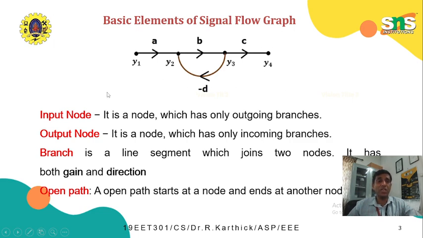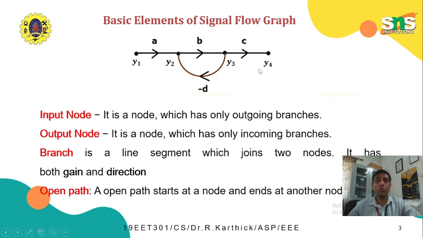The first terminology is the input node. It is the node which has only outgoing branches. So y1, the input we already discussed, has only outgoing branches. It doesn't have any signal coming into the node, therefore y1 is called the input node.